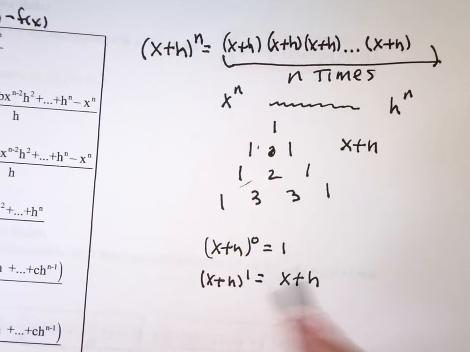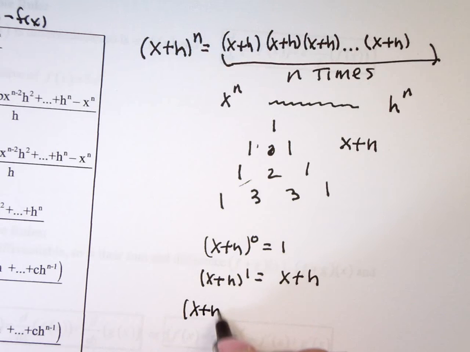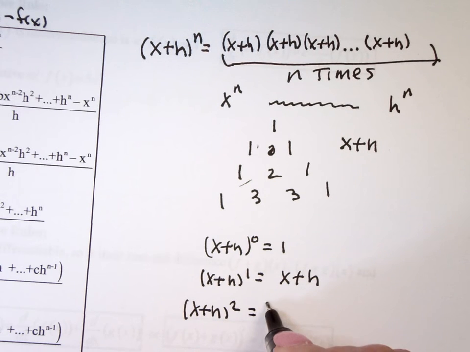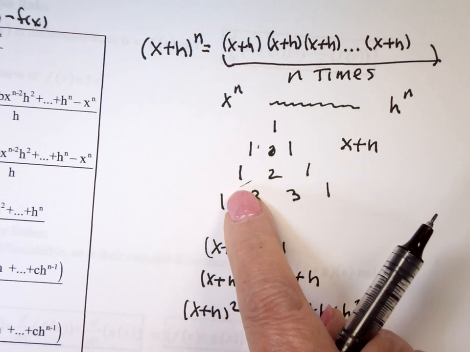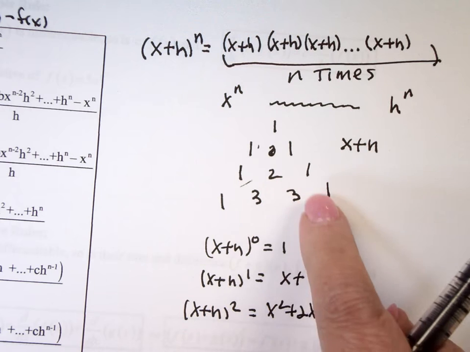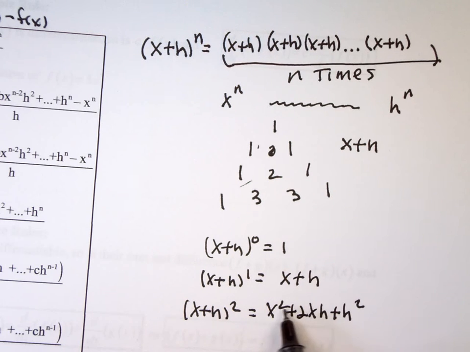That's the second layer. x plus h squared is x squared plus 2xh plus h squared. That's the next level: x squared, 2xh, h squared. Notice the x's go down: this is x squared, x to the 1, x to the 0.